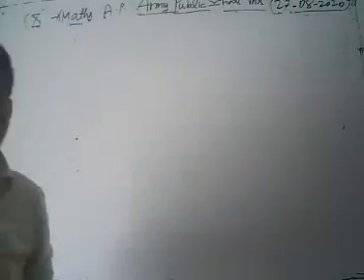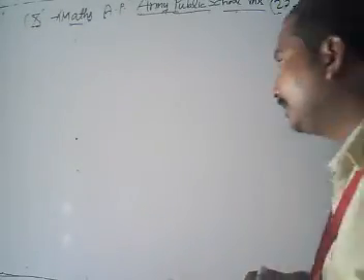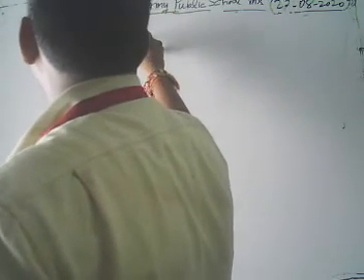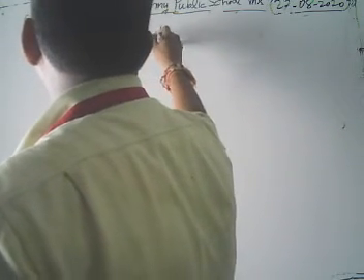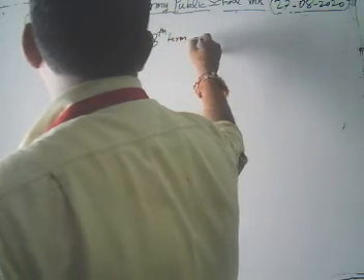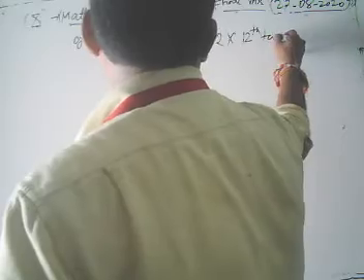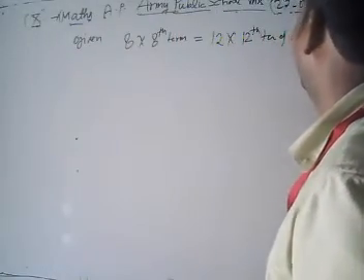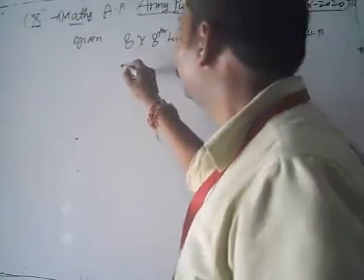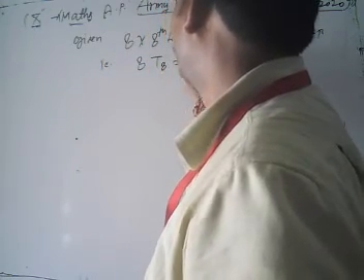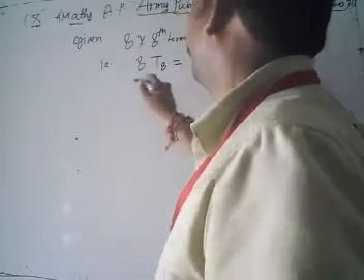What is given in the question? 8 times the 8th term is equal to 12 times the 12th term of an AP. That means 8 times T8 is equal to 12 times T12.